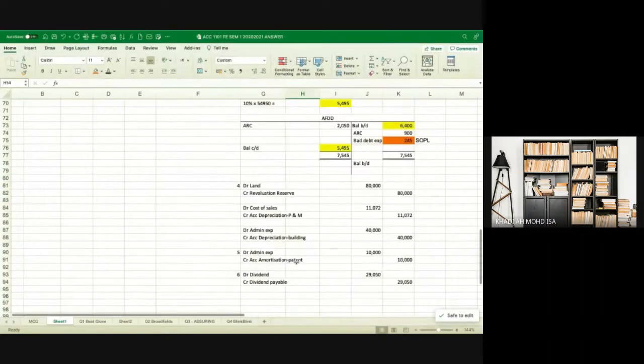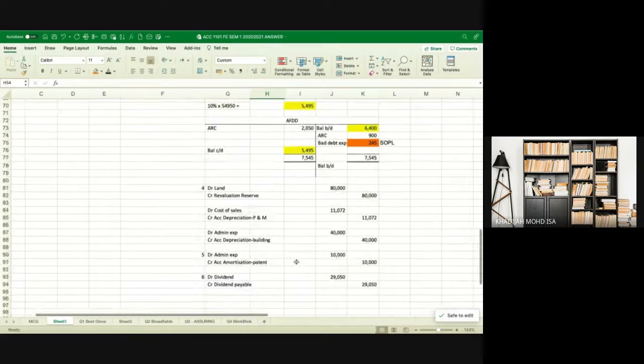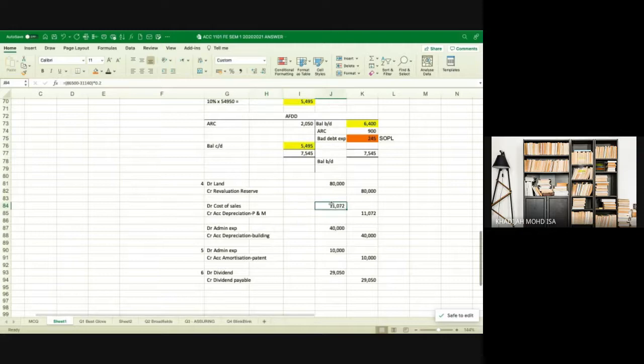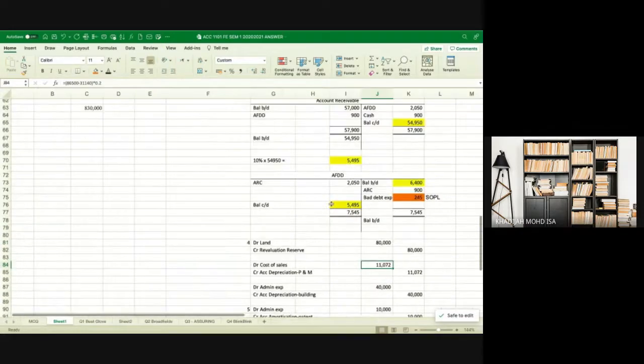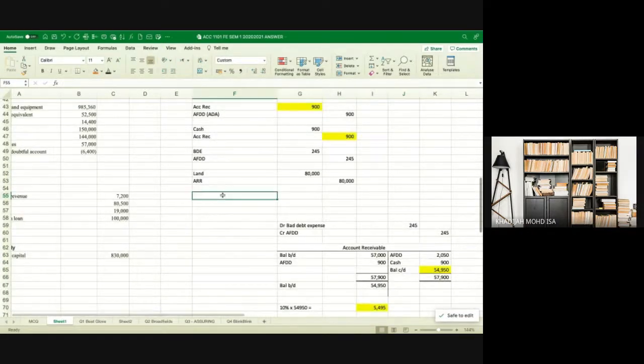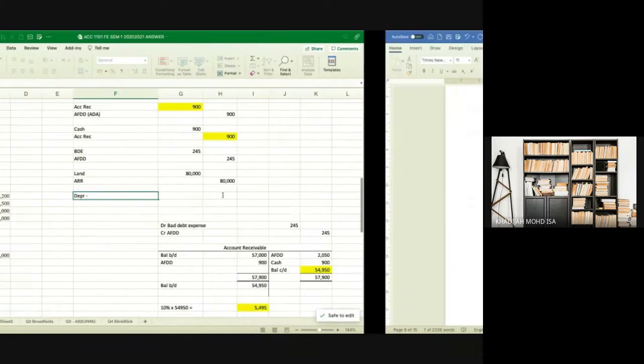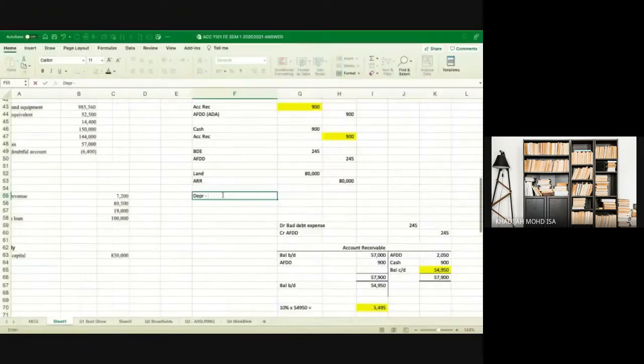So how are you going to do that? Where's your depreciation? So what you do is your depreciation on your plant and machinery: you're going to credit your accumulated depreciation for your plant and machinery.